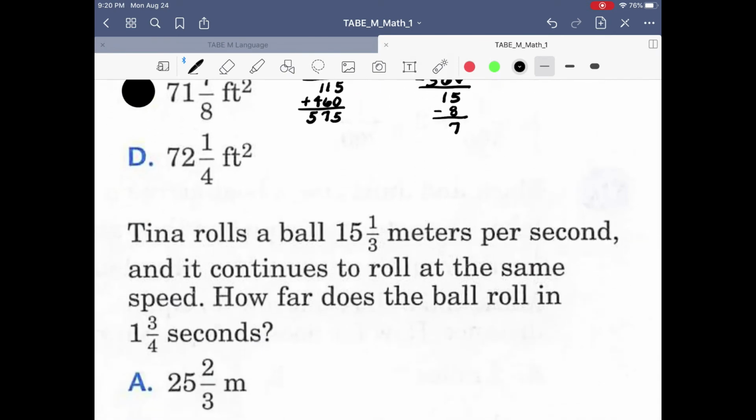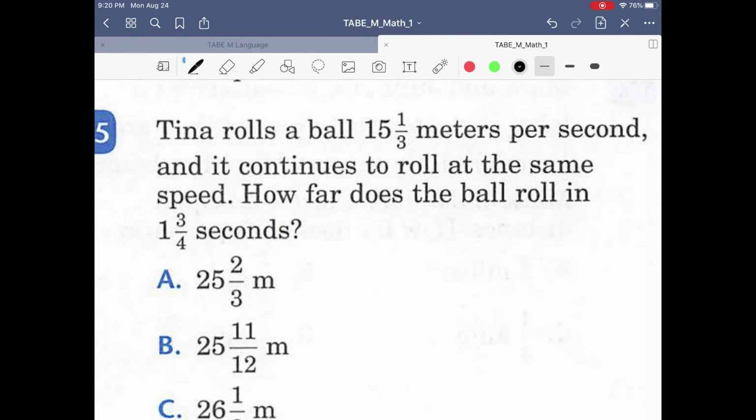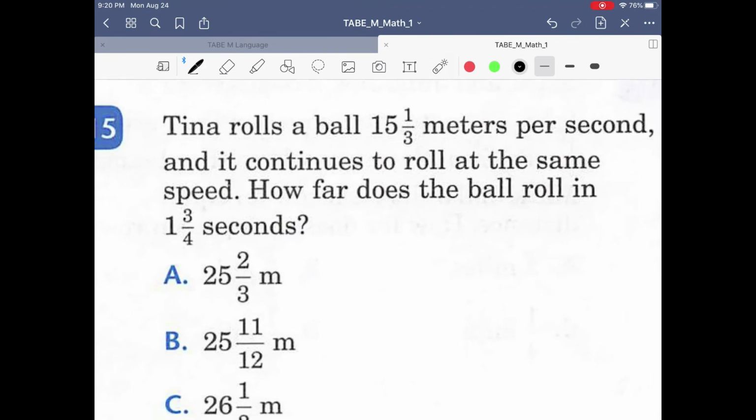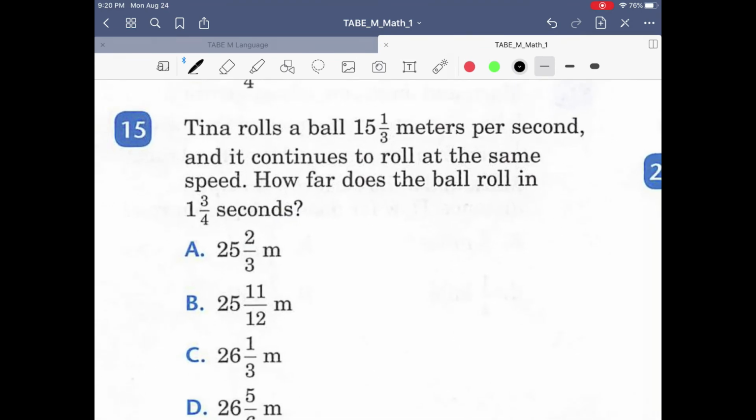All right, number 15. Tina rolls a ball 15 1/3 meters per second, and it continues to roll at the same speed. How far does the ball roll in 1 3/4 seconds?